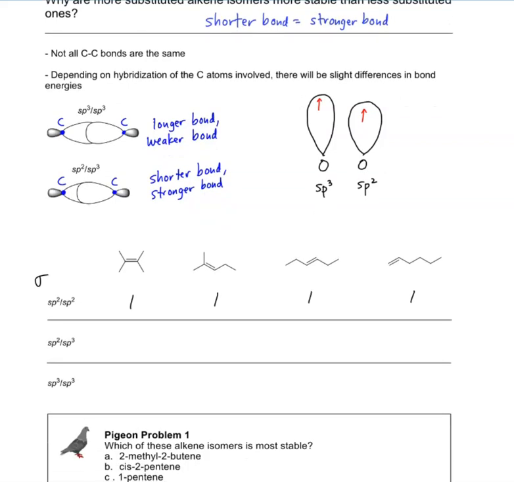For sp2, sp3 bonds, the tetrasubstituted alkene here, which by the way we already know is the most stable, has 4 bonds between sp2 carbons, which would be the alkene carbons themselves, and sp3 carbons, which are going to be the carbons that are attached to the alkene carbons.